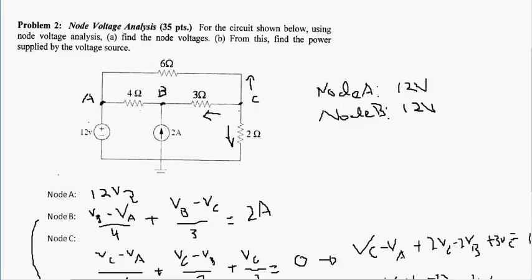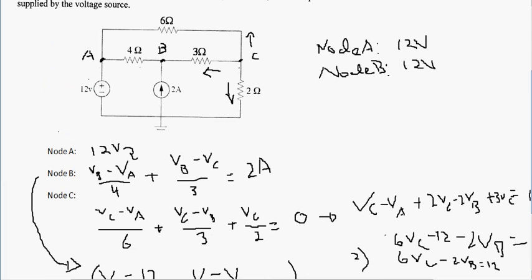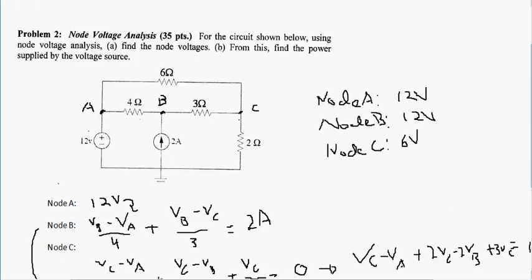And node C is 6 volts. So now, using node voltage analysis, we know the voltages at each of the 3 nodes.